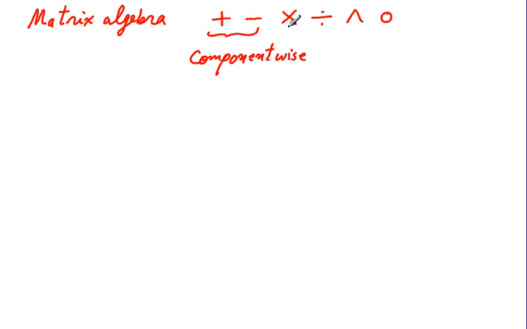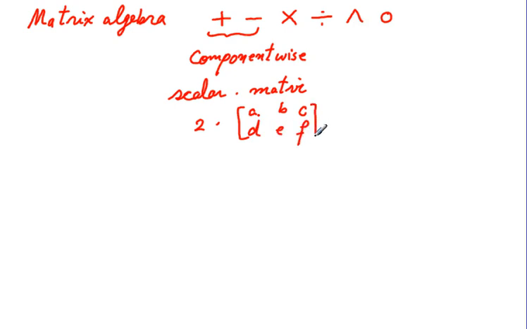With respect to multiplication, we said we have to look at a long list of possibilities. If you have an ordinary number, by now we call it a scalar, times a matrix, for example, if you have the number 2 and you want to multiply it with a matrix that has A, B, C, D, E, F in it, this is still component-wise.